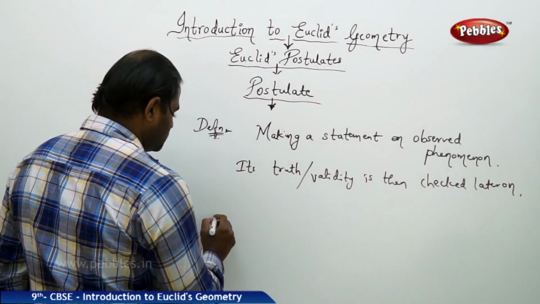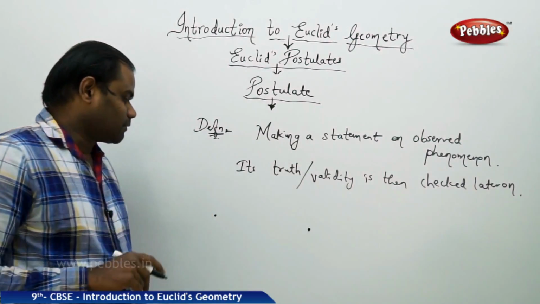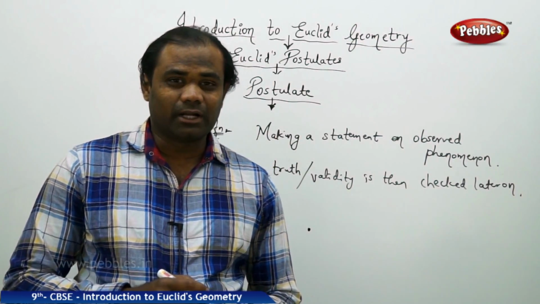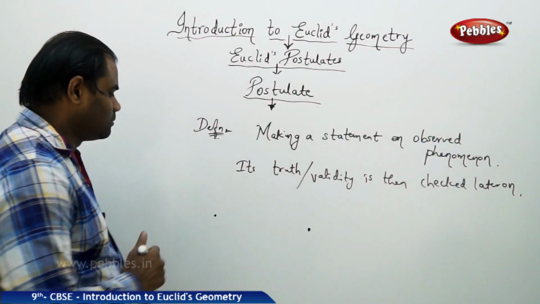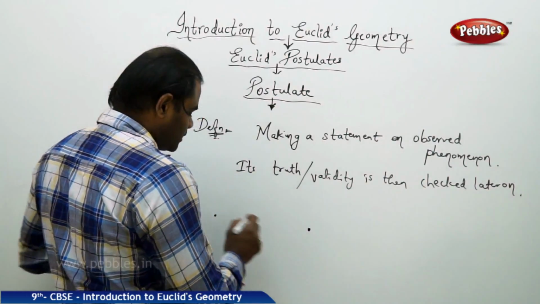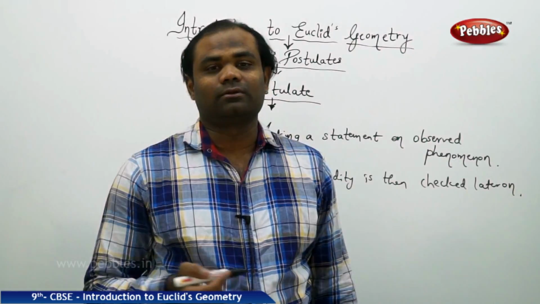Imagine I have 2 points which are distinct and very far away. Now I take a ruler and try to draw a line passing through them. When I take the ruler and try to draw a line, I see that only one line can be drawn.